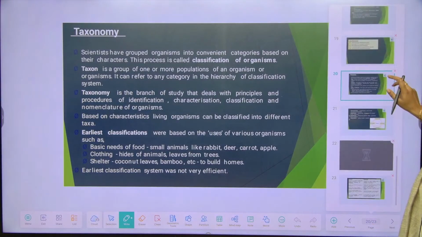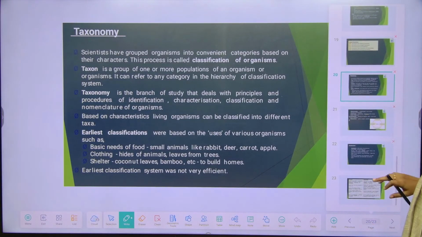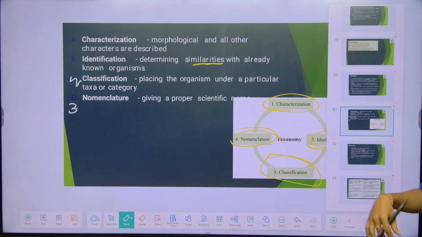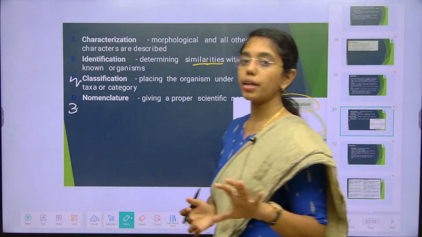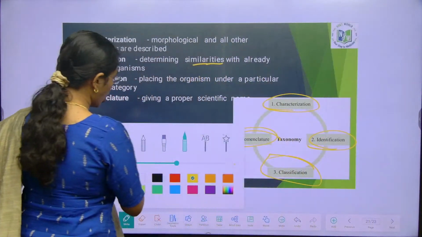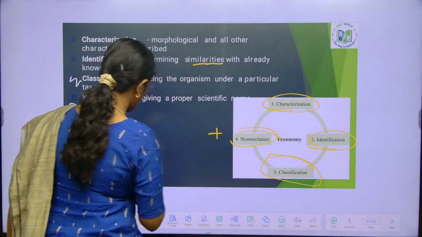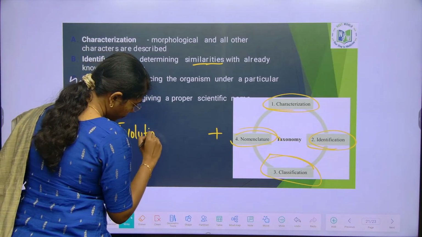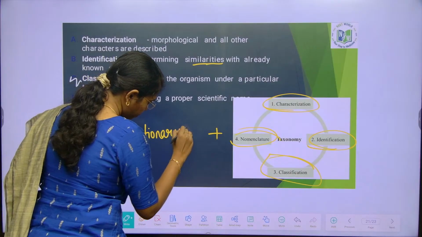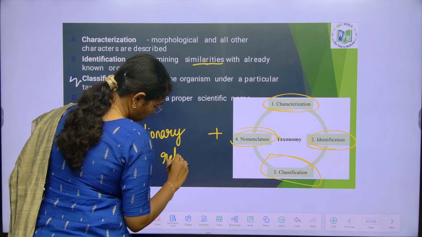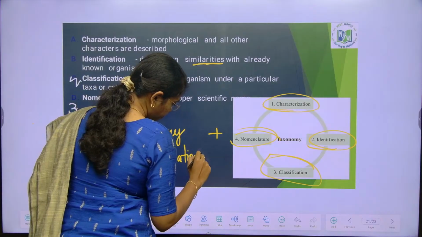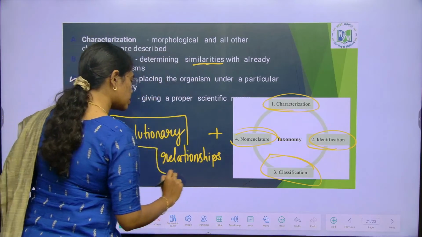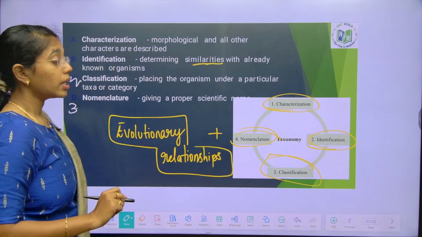Then taxonomy. We have learnt about taxonomy. To these four characteristic features, if you are considering evolutionary relationships as well, this is known as what?